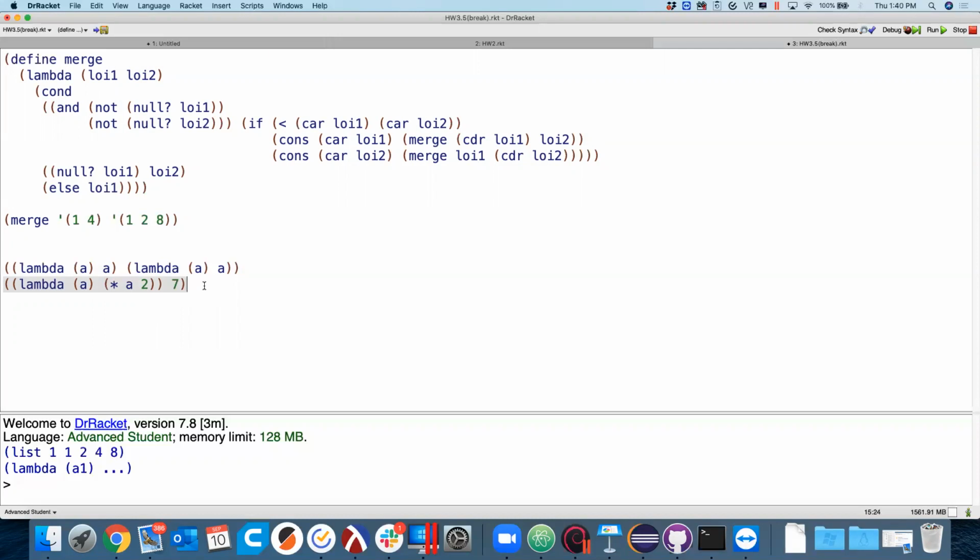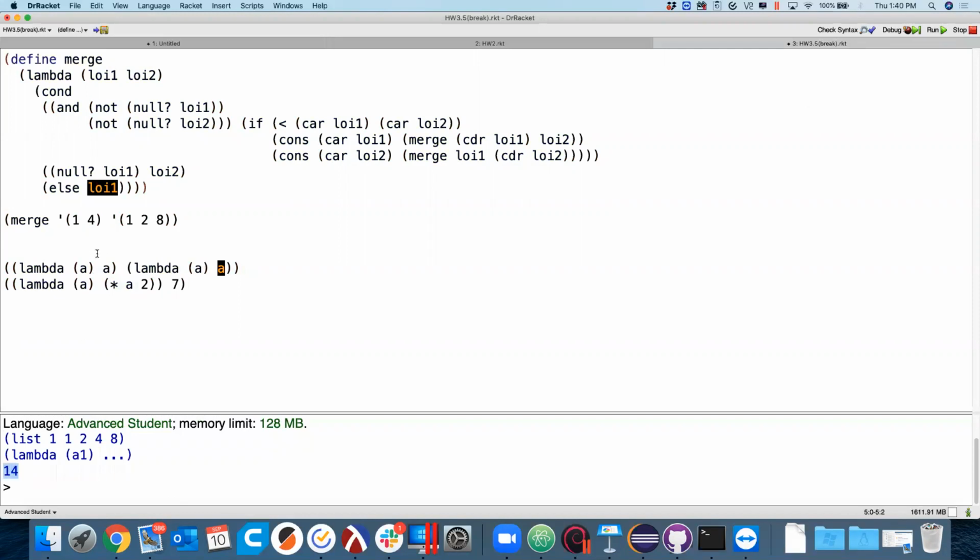That is an expression whose first element is probably a function and whose second element is the input to the function. So I'm passing a 7 in for A, which creates a binding for A. And then I'm boiling down to 7 times 2. So this will give me a 14, right? For the second one.